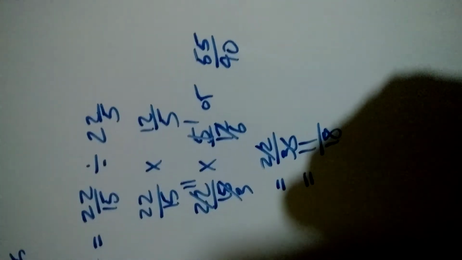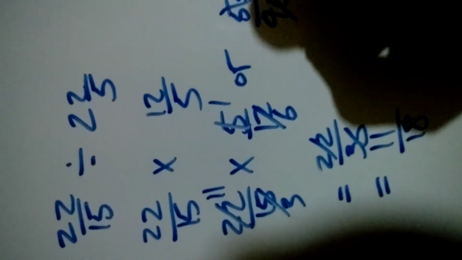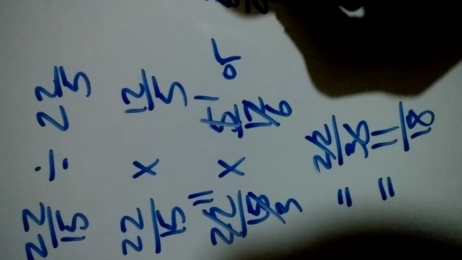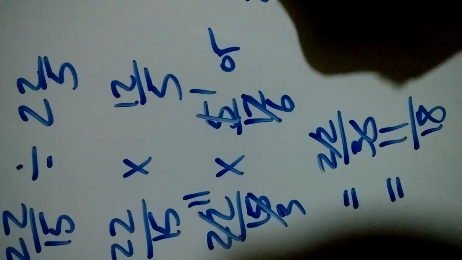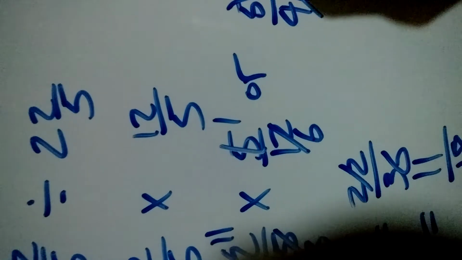And 5 into 55 goes 11 times, 5 into 90 goes 18 times. So you have your same 11 over 18 as your final answer.